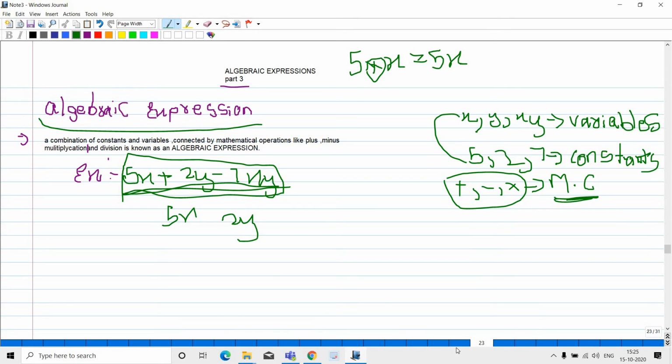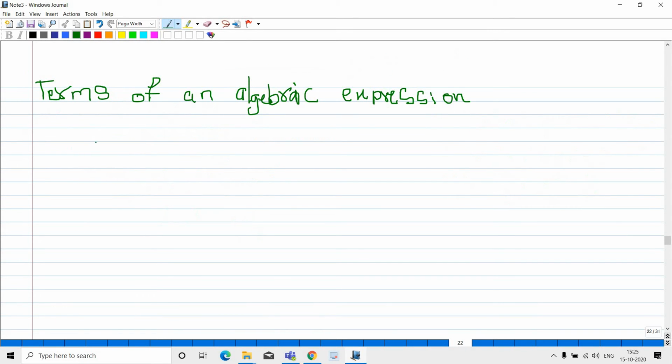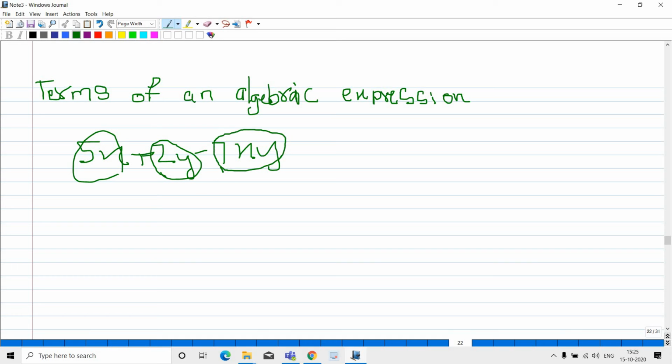How will I write the definition here? I write the example here: 5x plus 2y minus 7xy. The plus is separating 5x as one term and 2y as one term, and 7xy is one term.